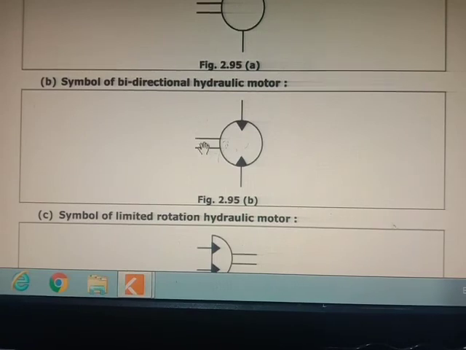Now this is the symbol for a bidirectional hydraulic motor. You can see two filled triangles shown here. Why filled? Because it is a hydraulic motor, right? So oil can flow from this direction and also from this direction, and this hydraulic motor can rotate in both directions, clockwise as well as anti-clockwise.